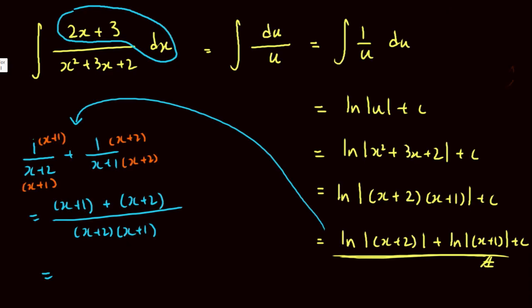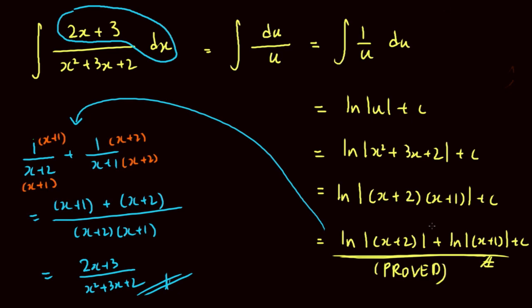So we'll end up having 2x plus 3 over our original denominator, x squared plus 3x plus 2. So yep, it's proven that this answer is right.